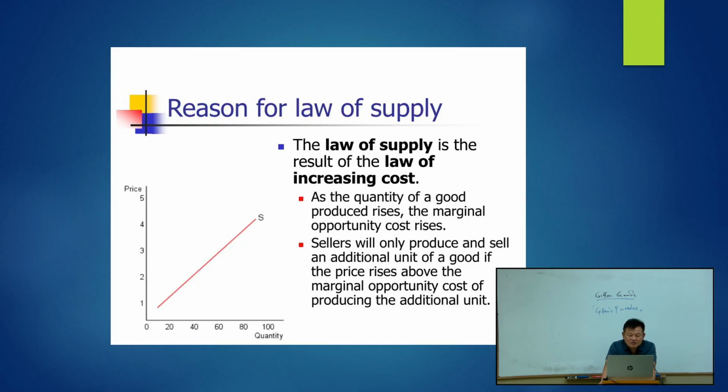As the quantity of goods produced rises, the marginal opportunity cost rises also. Sellers will only produce and sell an additional unit of the goods if the price rises above the marginal opportunity cost of producing the additional unit.